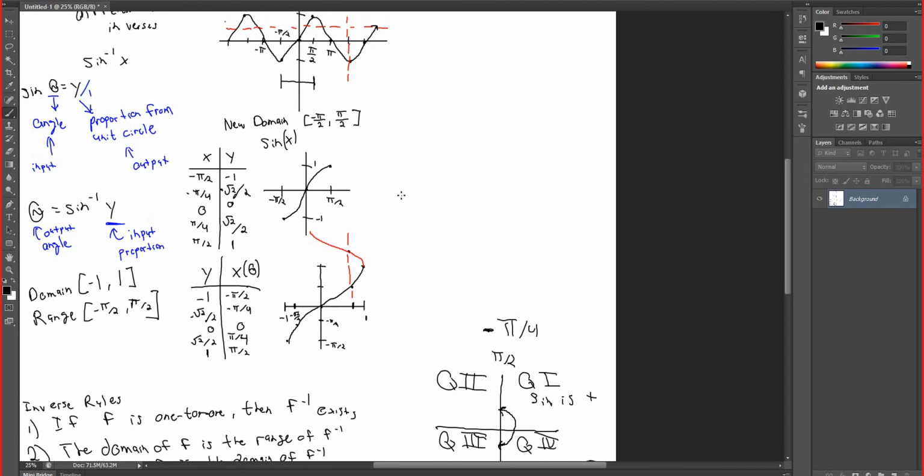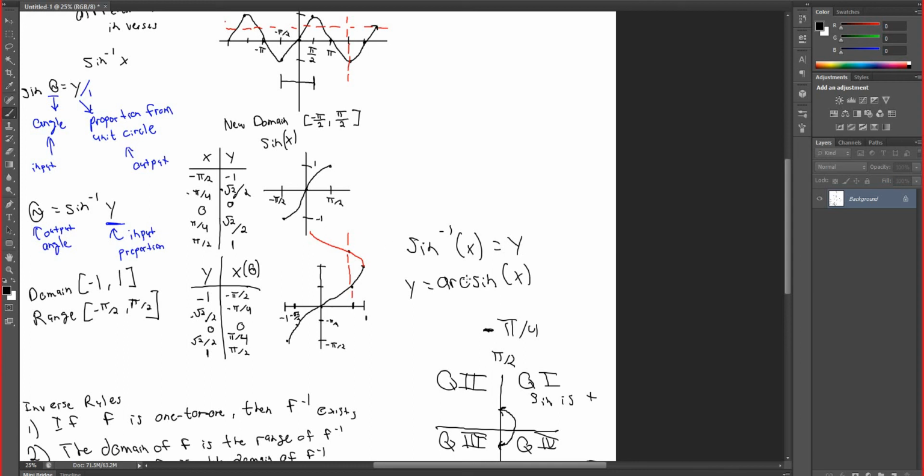Then there's just a little bit more notation, and then we're just going to do examples and we'll be done. In the book, this will either be written as sine inverse of x equals y, or it'll be written as y equals the arcsin of x.